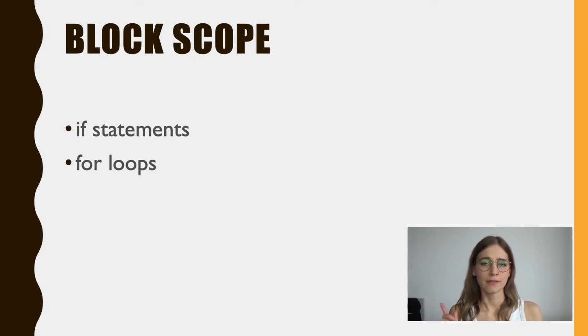So it could be a function, it could be an if statement or for loops, and this is going to be a local scope, block scope for let and const, whereas for var, only a function scope. So even though there are curly braces, if we create a variable using a keyword var, it's not going to be respected by that variable.